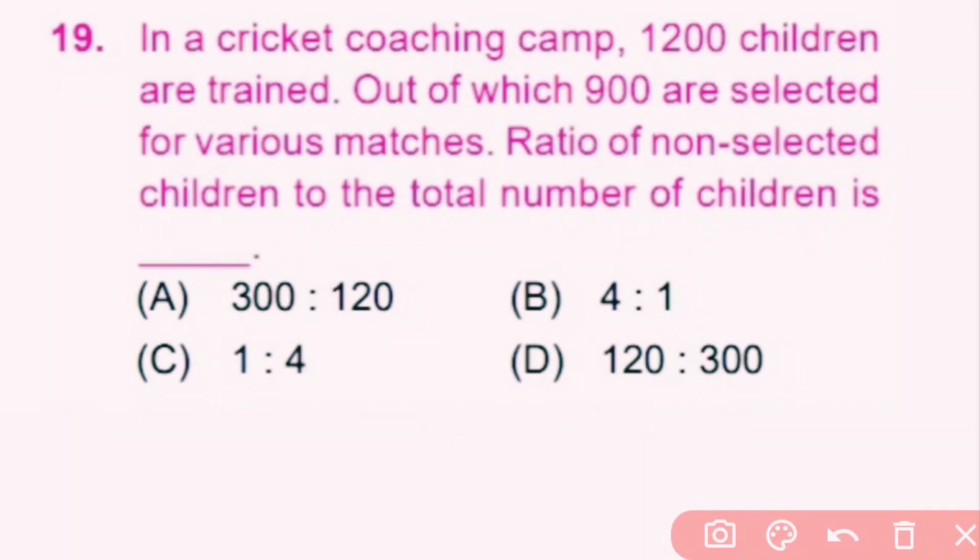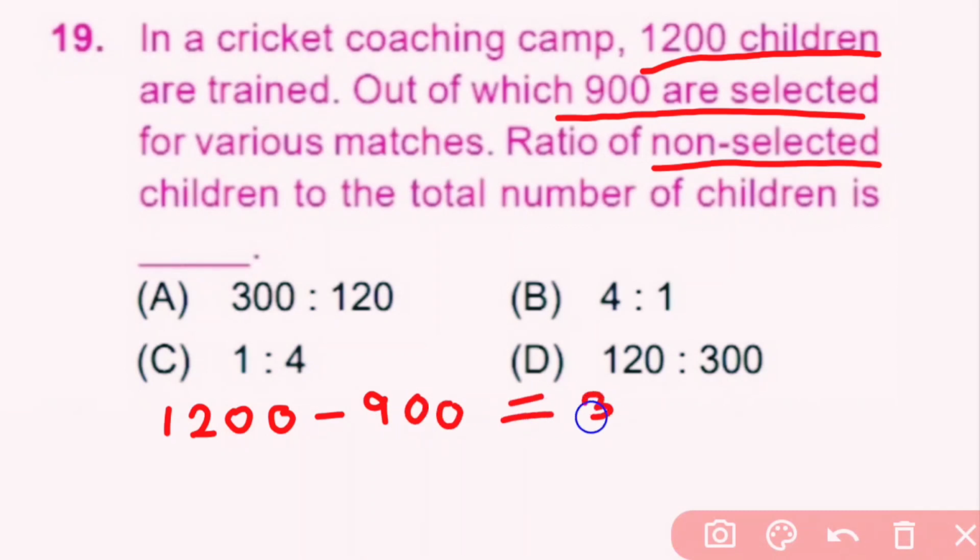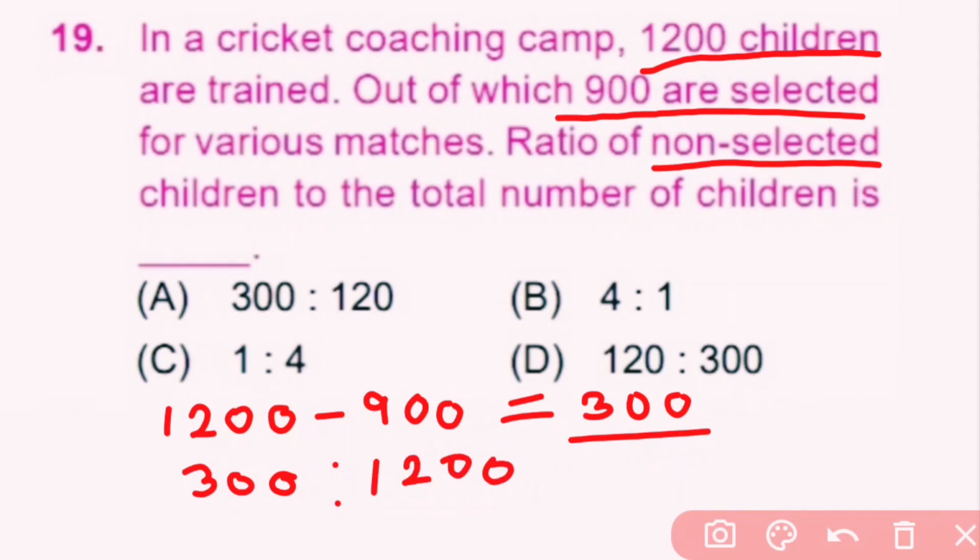Now here the total number of children is 1200, and out of 1200, 900 are selected, means non-selected children are total children minus selected children, which is 300. 300 students are non-selected, and we have to find the ratio of non-selected children to the number of total children. Total children are 1200.